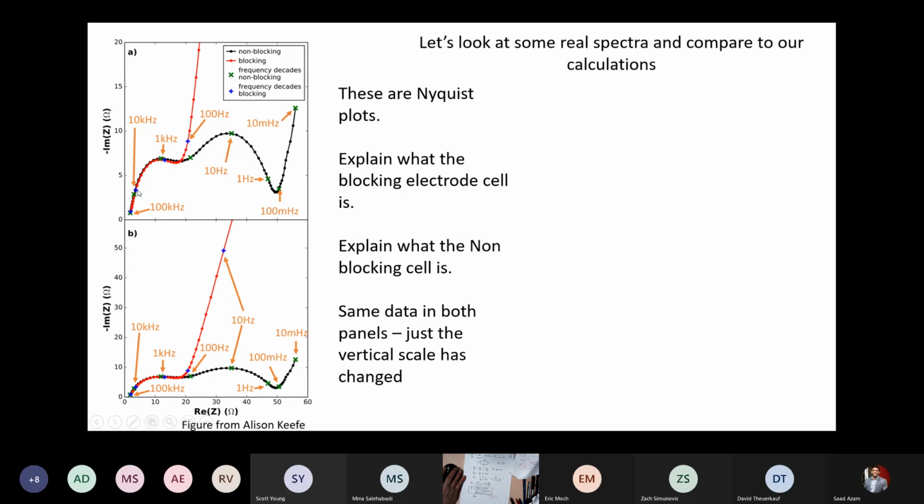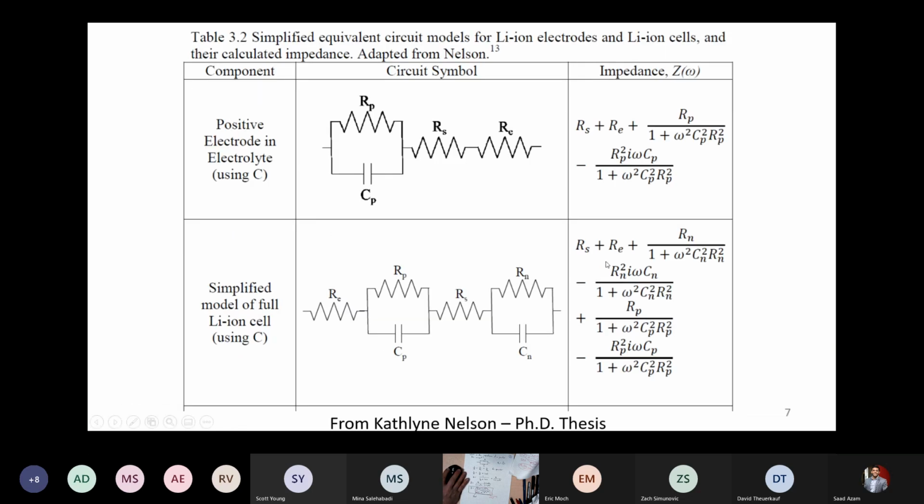And Allison here has indicated where each of the frequencies corresponding to each decade are located, all right? And the vertical axis is the negative imaginary impedance because a capacitive impedance is negative. All these things that come from the capacitor part of a parallel RC circuit are negative. So just so the impedance spectrum is not upside down, you plot the negative of this thing.